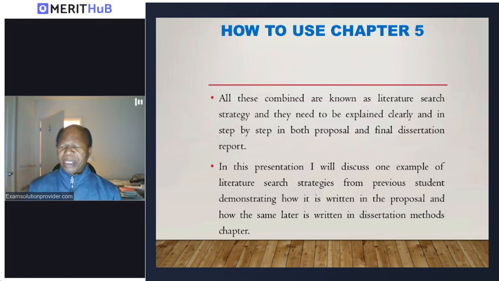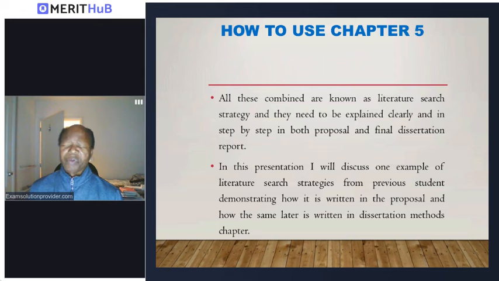So all these combined are known as the literature search strategy. That's what you need to start with. It's a literature search strategy, and it needs to be explained clearly and step by step in both your proposal and your final dissertation report. In your final dissertation report, this is found in the methodology and methods chapter, or just the methodology chapter.